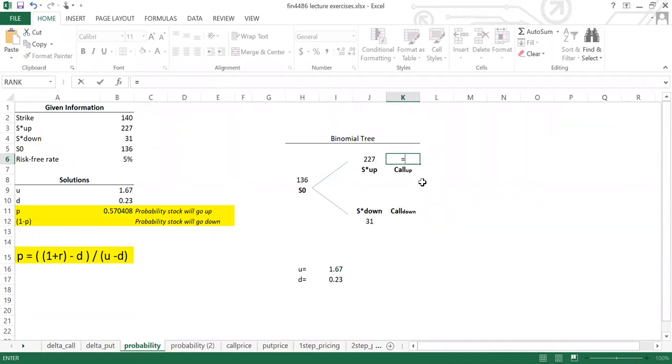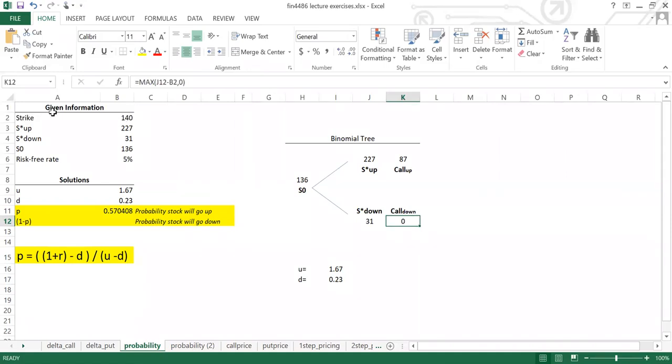But just because we're interested, we can get the call option in the good state of the world with the formula max of stock price minus strike price or zero. And then the call option in the bad state of the world would be max of stock price in the bad state of the world minus strike or zero. So that's obviously going to be zero.